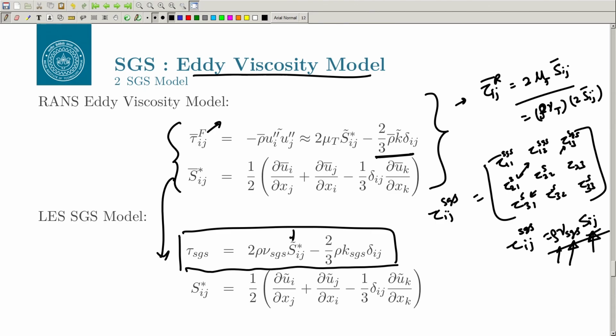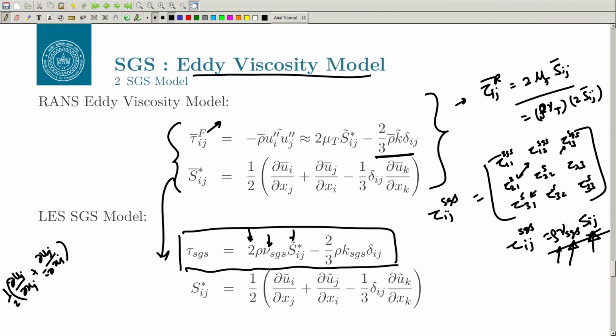You have the strain rate tensor and then your viscosity, and this 2 term comes out because, if you write it for a simple shear flow, and write your strain rate tensor, Sij is half of del u i by del x j plus del u j by del x i.